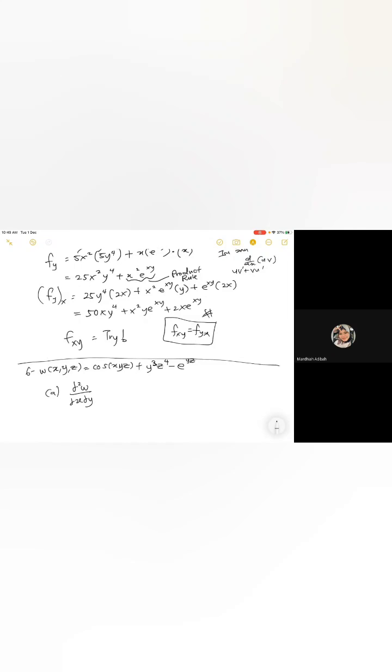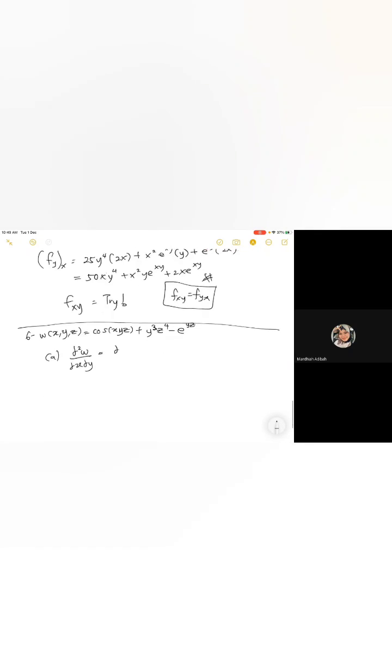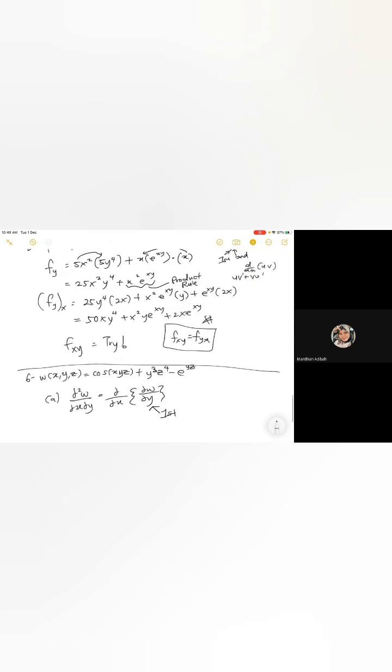Okay, question number 6. Del squared w over del x del y. So actually, you have to find what? You have to find the del w del y first. Okay, this one first. So this is vice versa from the above notation.